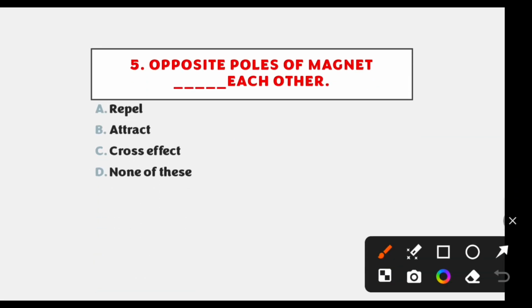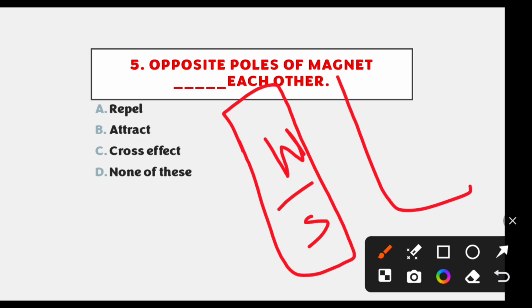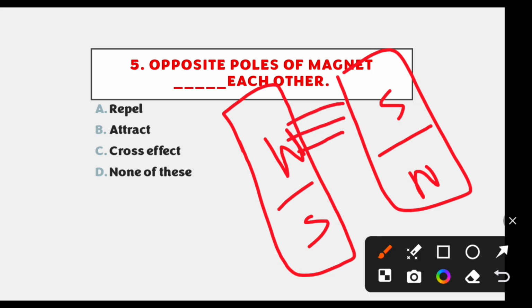MCQ number 5 is: opposite poles of magnets each other. Suppose that we have a magnet and the magnet has two poles, okay? The first one is the north pole and the second one is the south pole. And we have a second magnet, this one is the south pole and this one is the north pole. So these opposite sides will attract each other.